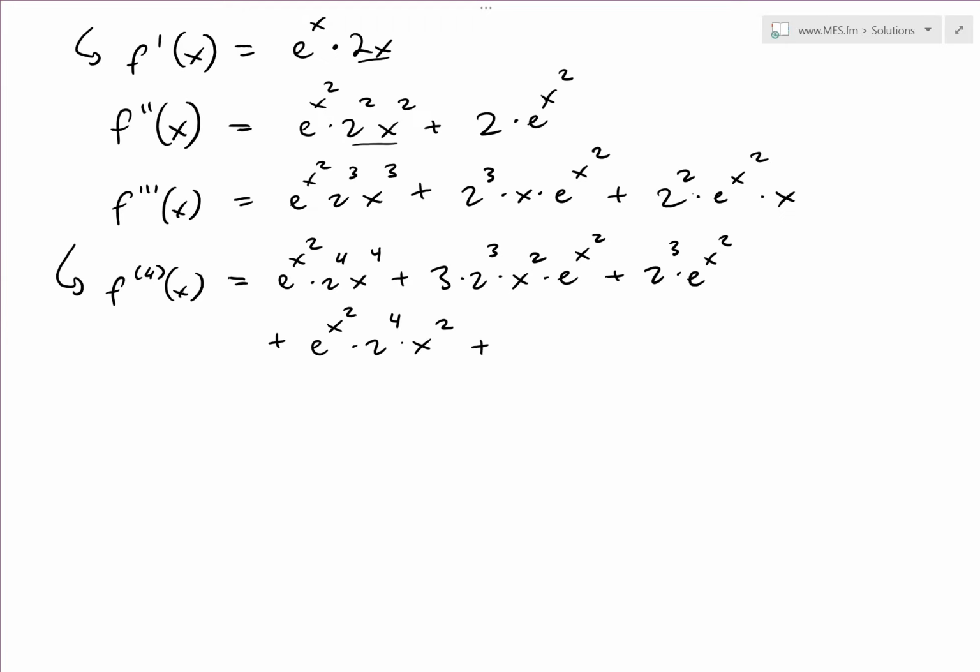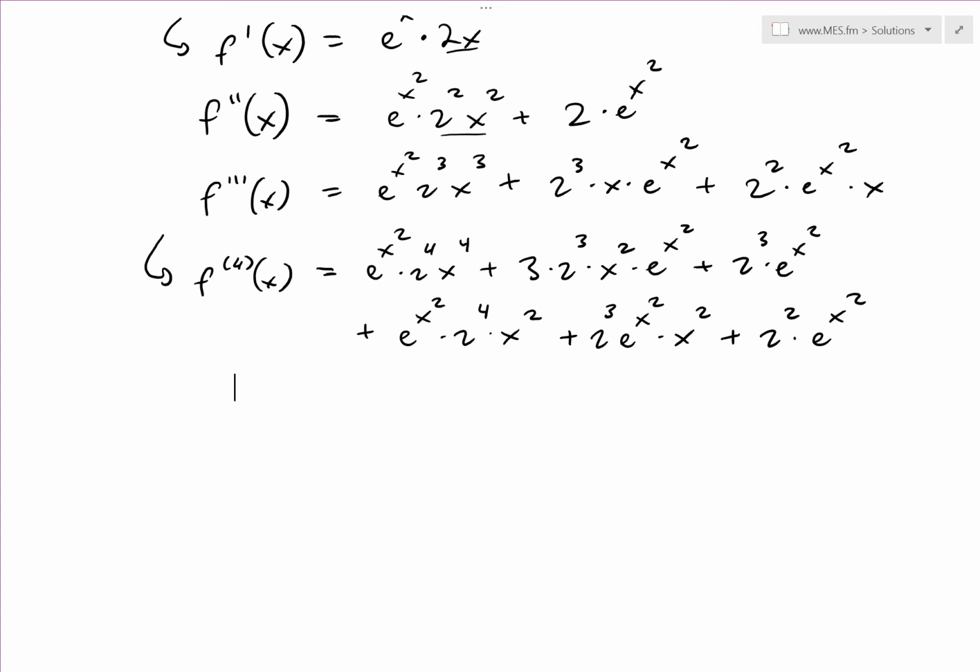Finally, this derivative right here is just e^(x²). Let's write that here. And then it's going to be 2x, so it's going to be 2, 3 times x. Put a 2 there, and then the chain rule. The derivative of this is just itself, and there's a 2 squared. And then this is just going to be e^(x²).